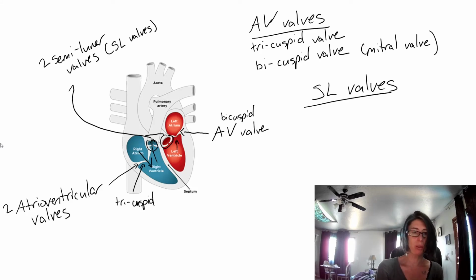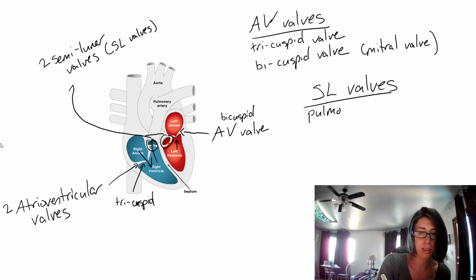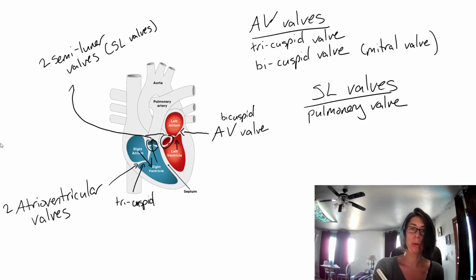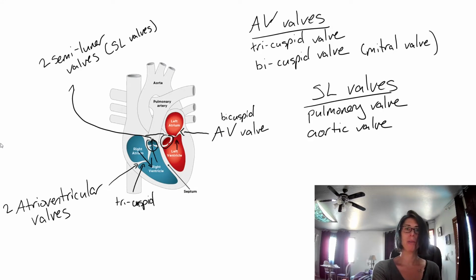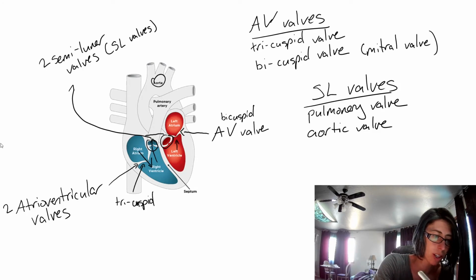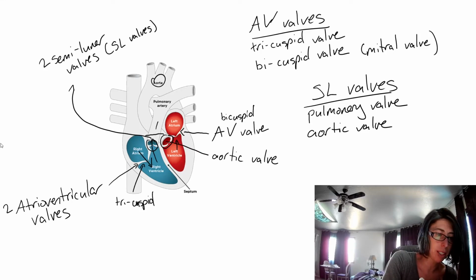So two semilunar valves. There's the pulmonary valve and the aortic valve. They are named for their placement, right? So this is the aorta, so this is going to be the aortic valve. This is the pulmonary trunk or pulmonary artery, so that's going to be the pulmonary valve.